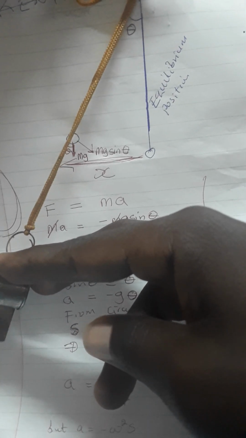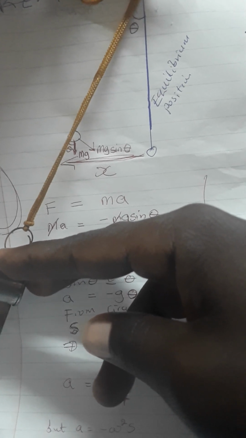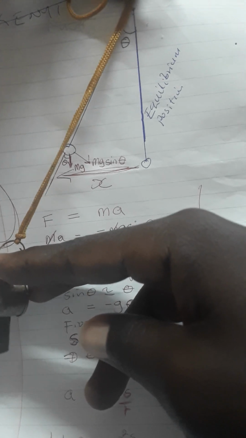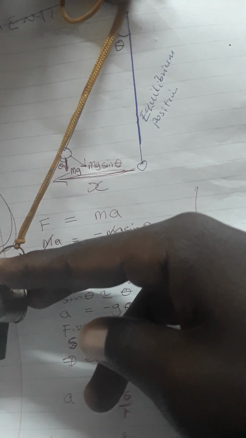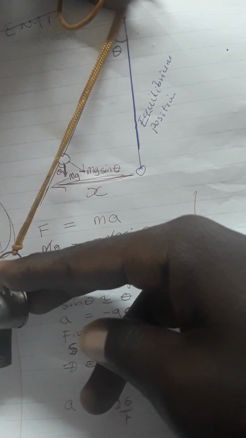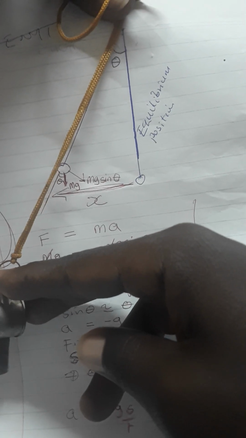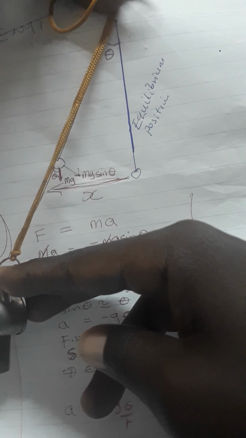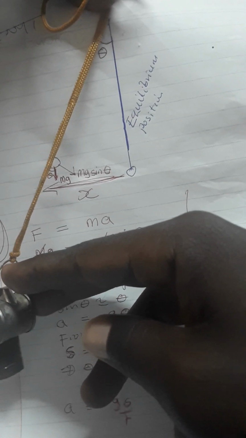The weight is the mass multiplied by the acceleration due to gravity. But this weight can be resolved, and we have the vertical component of the weight, which is responsible for restoring the pendulum to its equilibrium position.